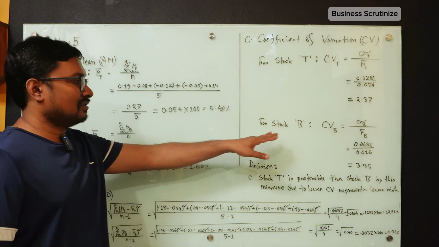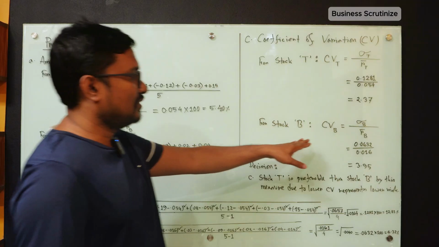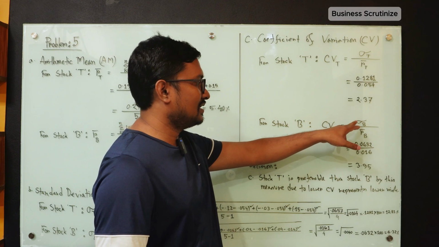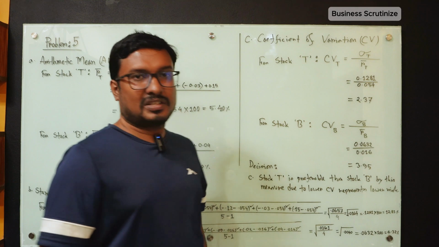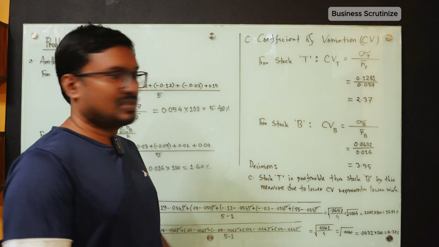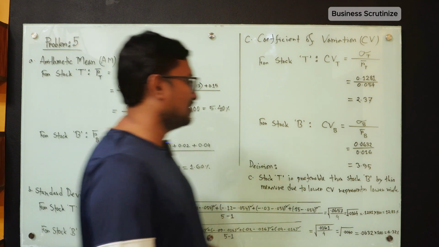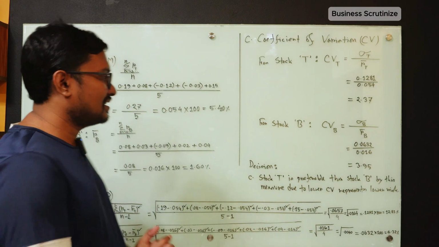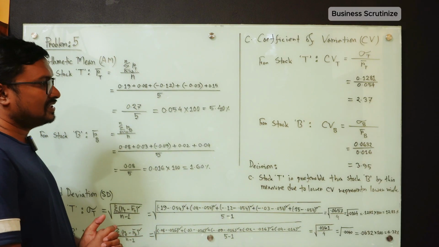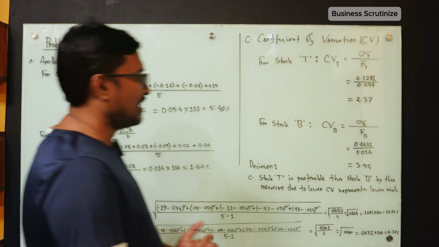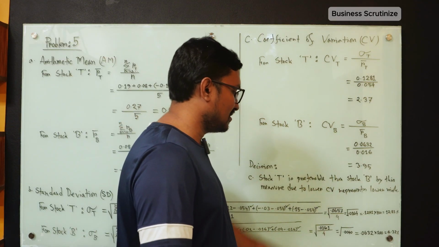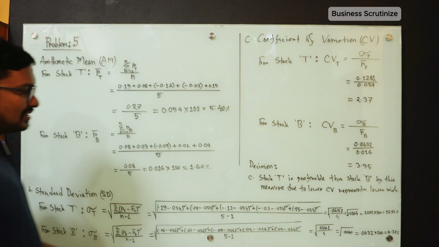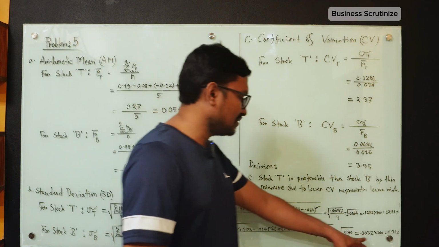And for stock B, it should be CV for stock B, and we have to write in the numerator part sigma B, I mean the standard deviation for stock B, and that should be divided by R bar B, I mean the mean return or average return for stock B. We have already computed the standard deviation for stock B. So it is 0.0632.